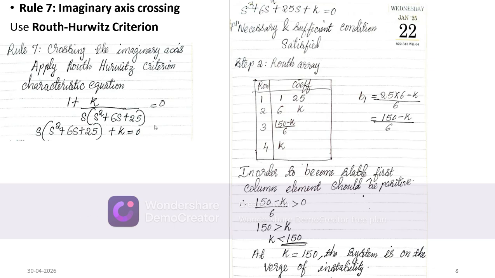First write the characteristic equation, make the Routh array and find the k value. So at k less than 150, the system will be stable. At k equal to 150, the system is on the verge of instability.